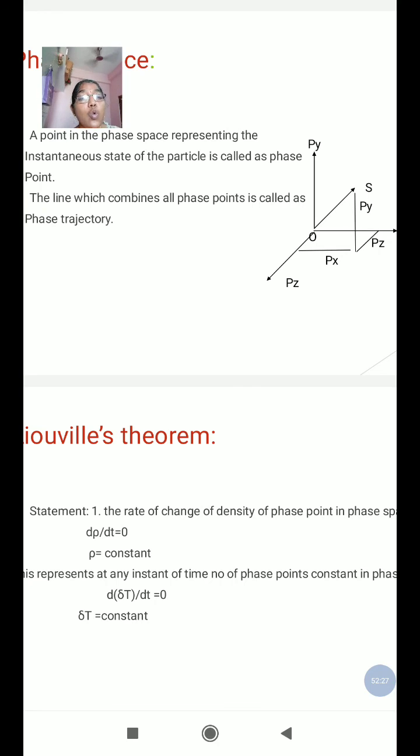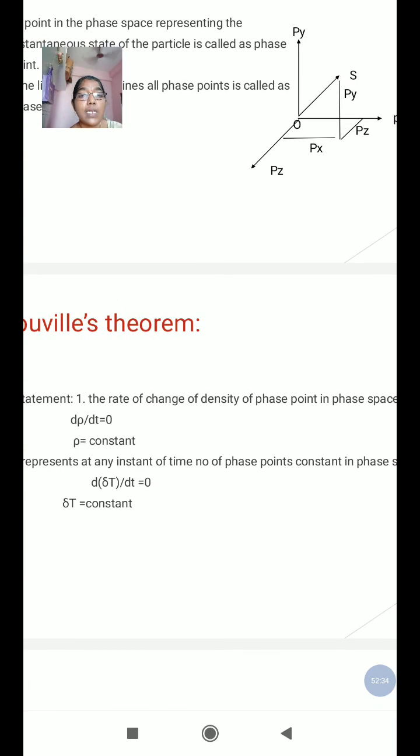That's why dou rho by dou t is equal to 0; rho is equal to constant.